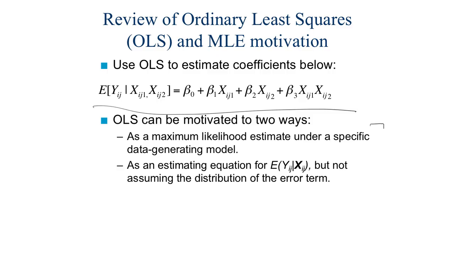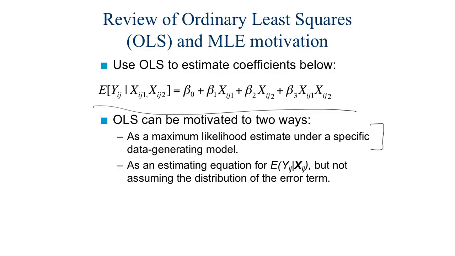One, if I specify a particular likelihood for the error term, when I have this plus an error, I can use maximum likelihood. It can be based on whatever I assume about the distribution of the error term. I can write down the density of an observation given the covariates, and then I can solve the likelihood.